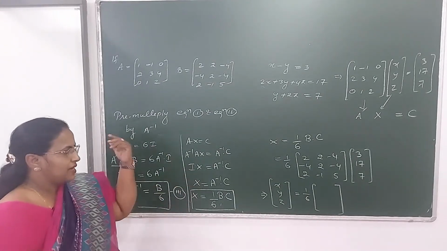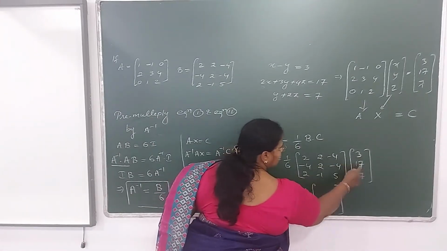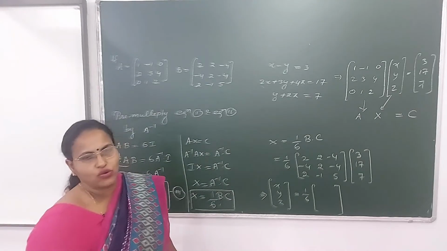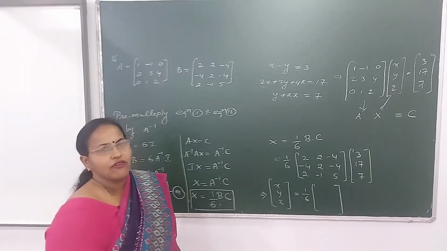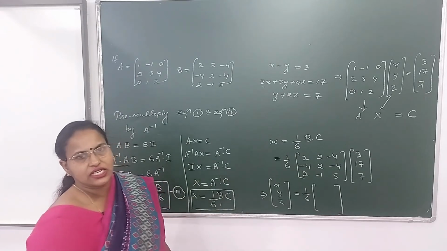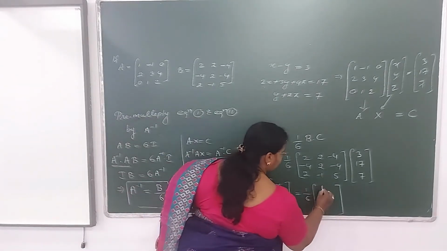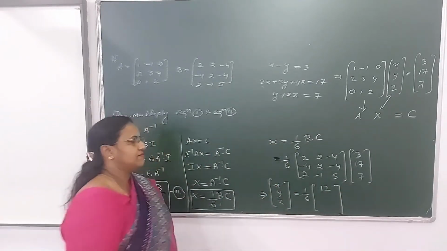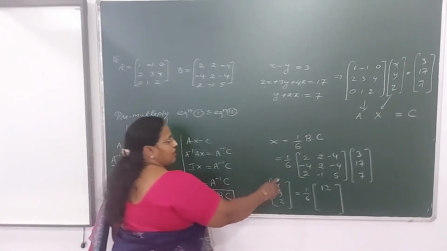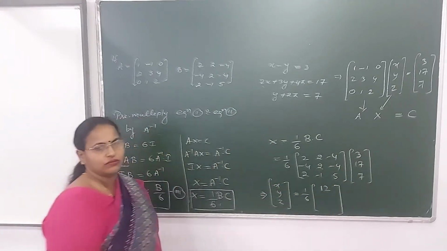So let us multiply. It's 6 plus 34, it's 40. 40 minus 28, it's coming 12. Okay. The next one: minus 12 plus 34.